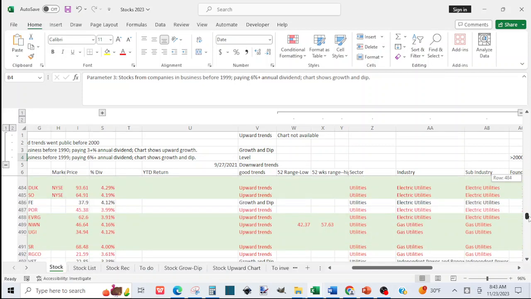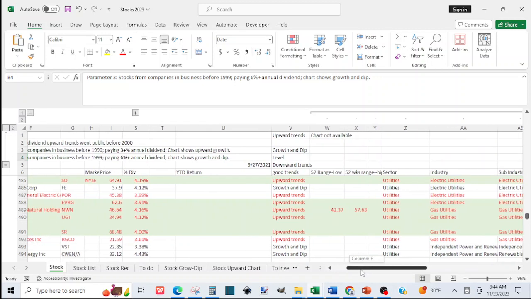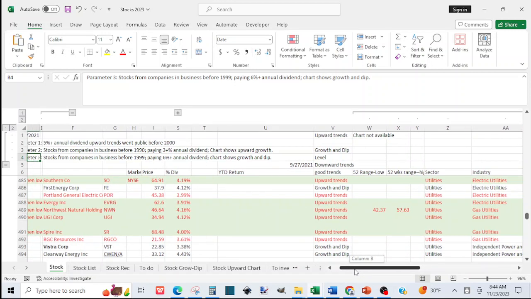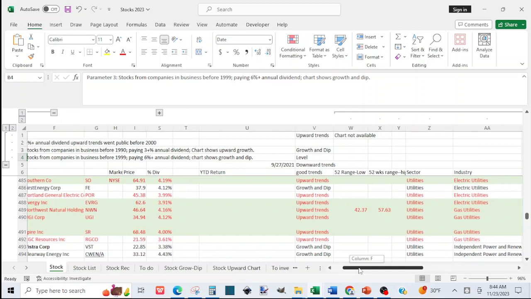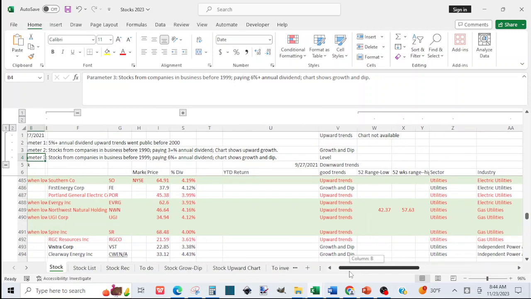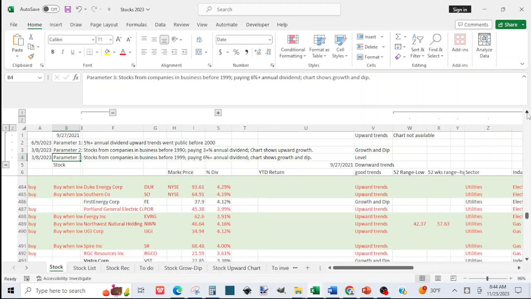So let's go to utilities. They are more in the 4% range, but they are not paying much, but I want some of those utilities because it is a consumable product in some way, and we use utilities, whether it is electricity or gas. So whether there is a crisis or not, people are going to use those resources. So it's good to have them in your portfolio, in my opinion.